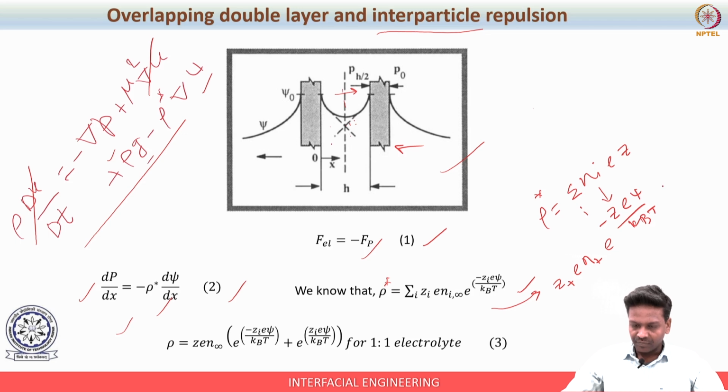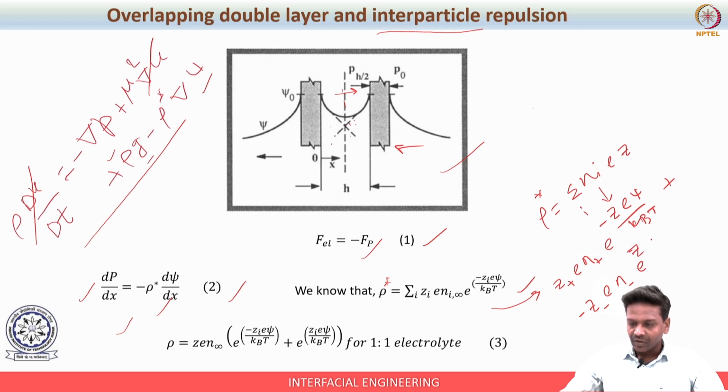Then you have plus, and we have Cl, which is minus 1, so you can take this as minus Z. In this case, for chlorine this will be minus Z, so you will simply have plus Z here.